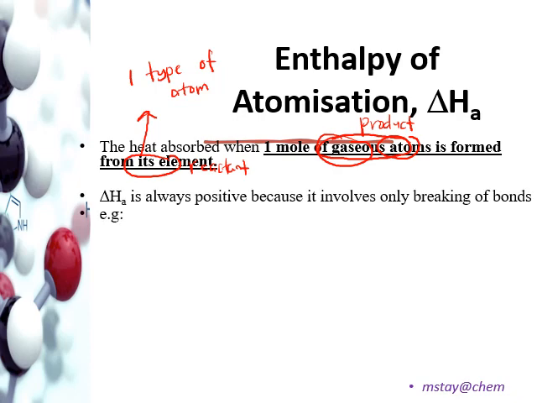The enthalpy of atomization is always positive because it involves the breaking of bonds. So sometimes when you are confused whether you need to put the positive sign or negative sign, you can try to think about this: bond breaking.